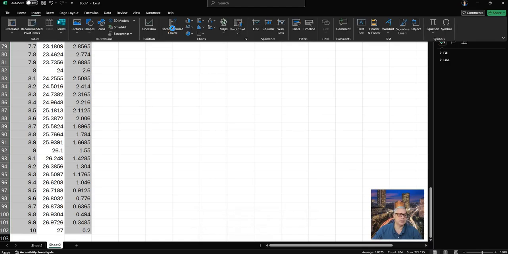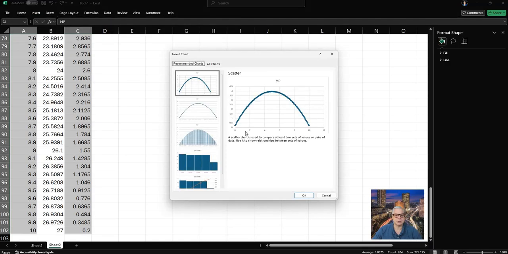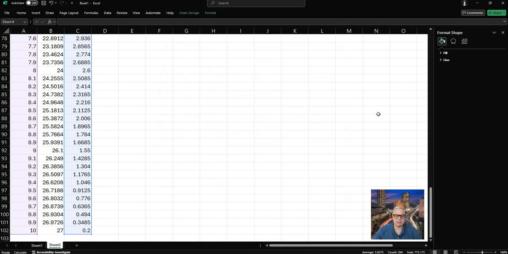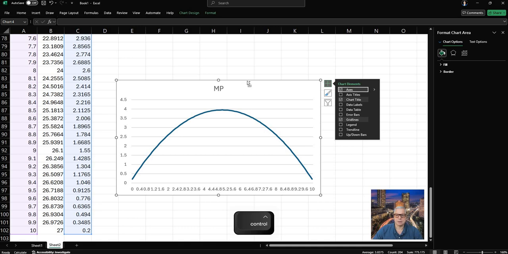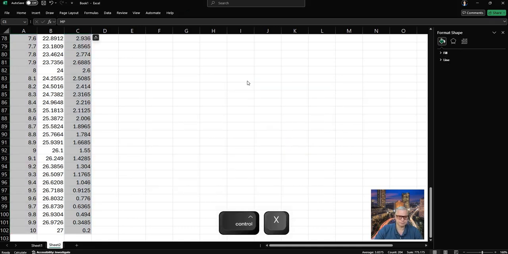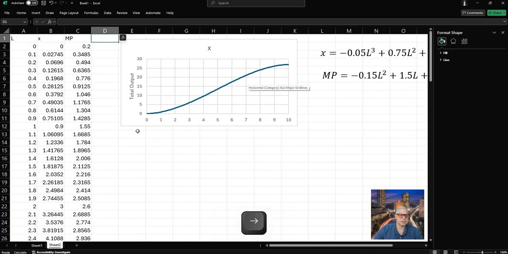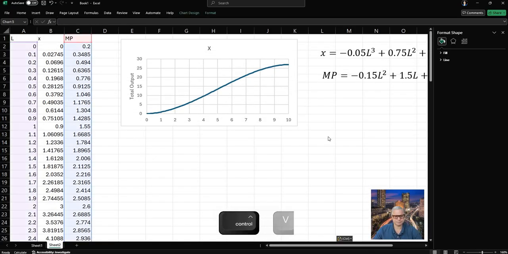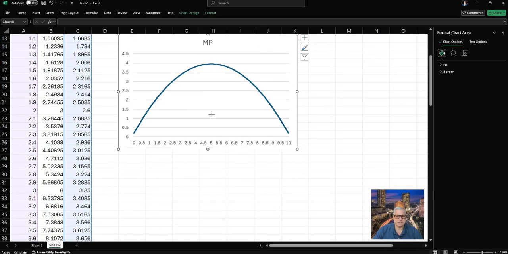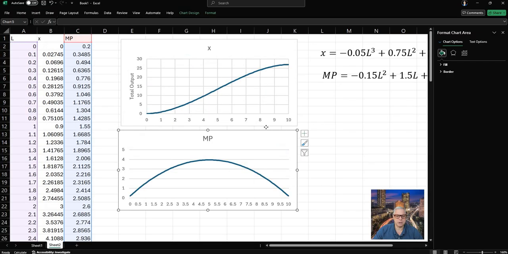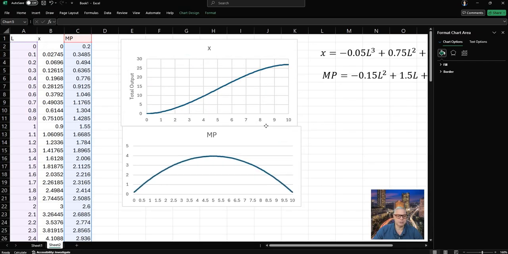And now we go again, Insert, Recommended Charts, and you see we indeed get that inversely U-shaped marginal product. And let's put it underneath the other one. I'll just cut it and put it in here. And let's format it in a way so we can see both underneath each other.